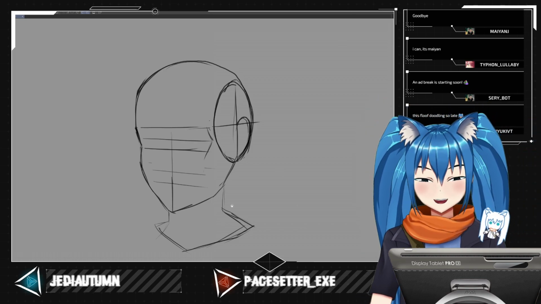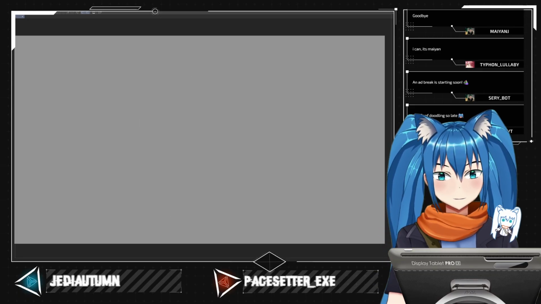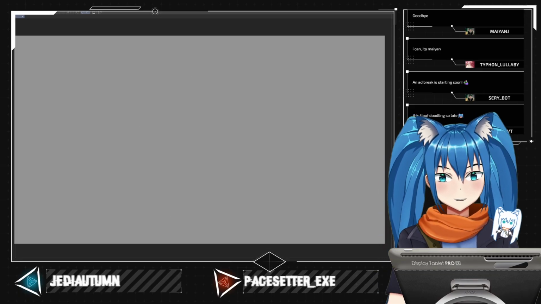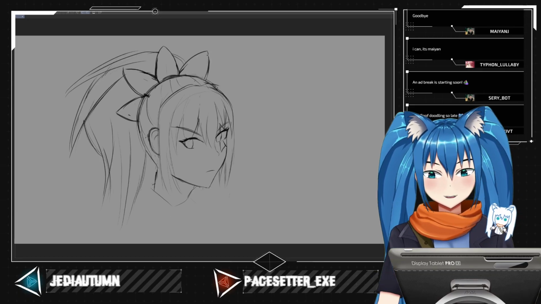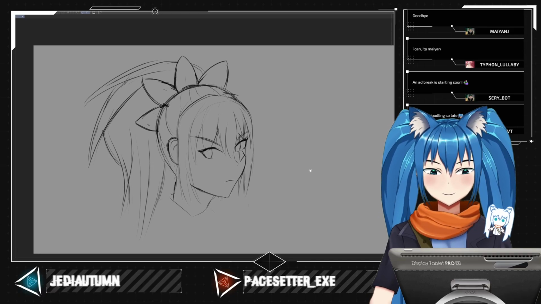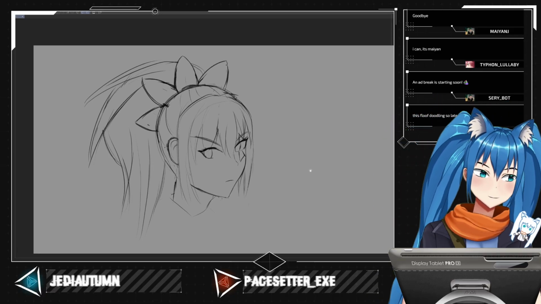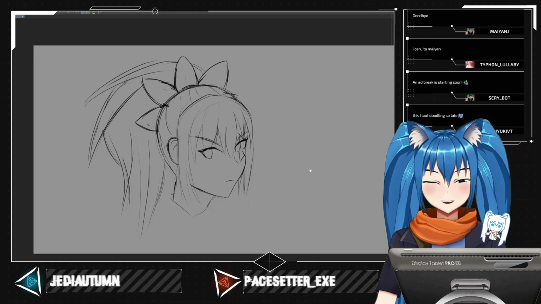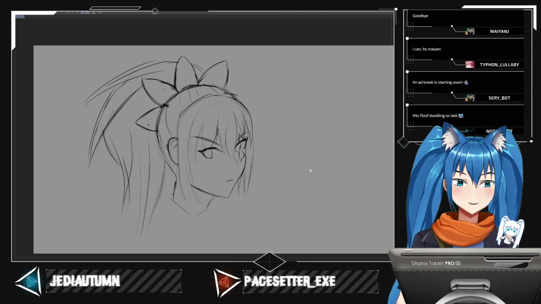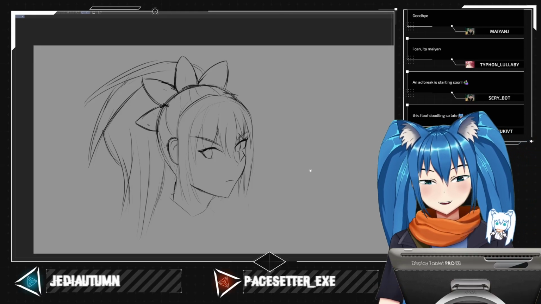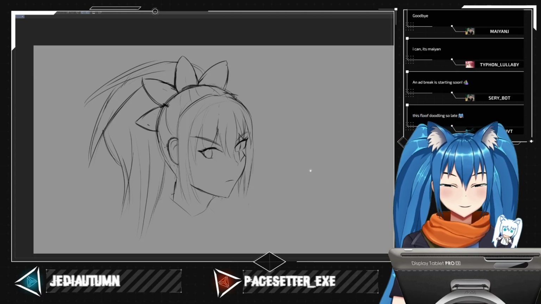Okay. So yeah, we're working on head number 2. We did one already. Which actually started out really rough, but we got it there. To be fair, it wasn't as rough as some of our other head constructions, but this one got there.